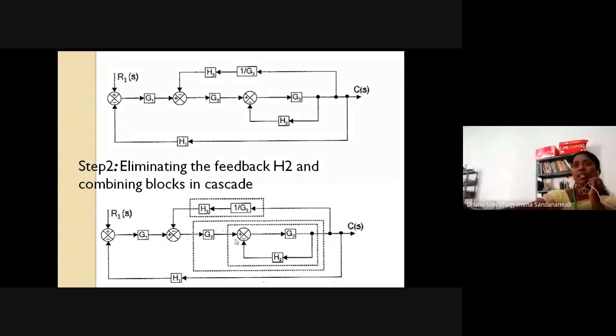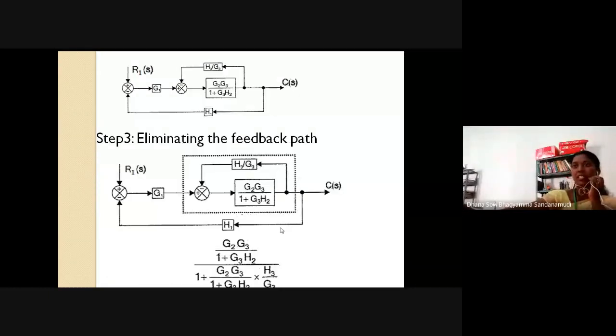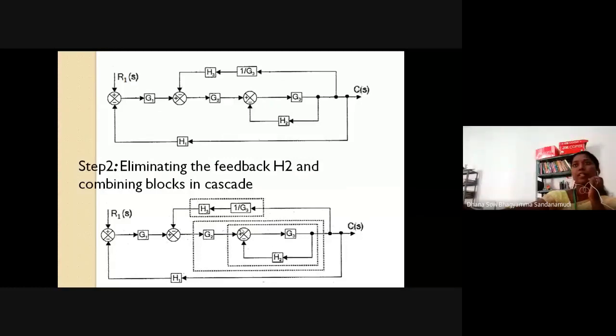After elimination of this feedback loop, I will get one block. This is negative feedback; it can be positive feedback, but here we have negative feedback.